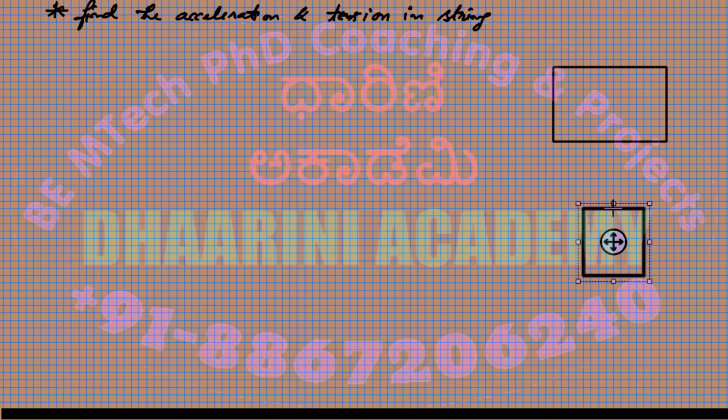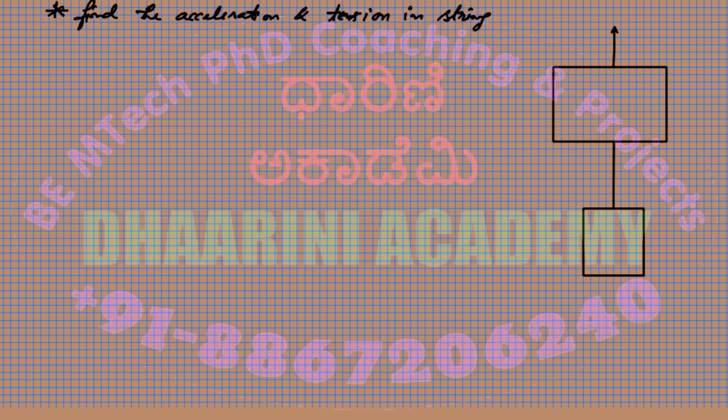Okay, now the situation is quite different because we are considering vertical. Okay, so there is a force of 120 Newton. This is 4 kg. This is 2 kg.